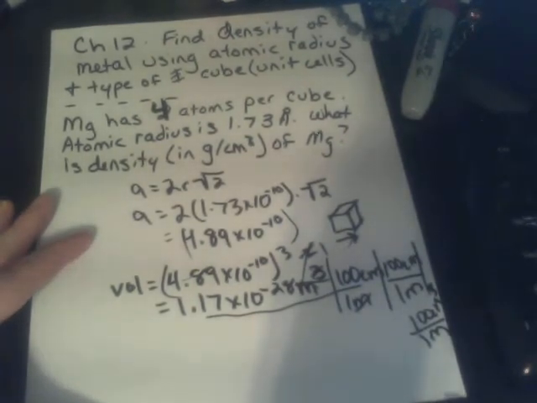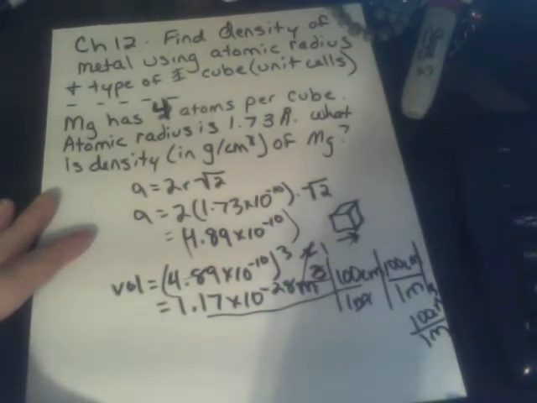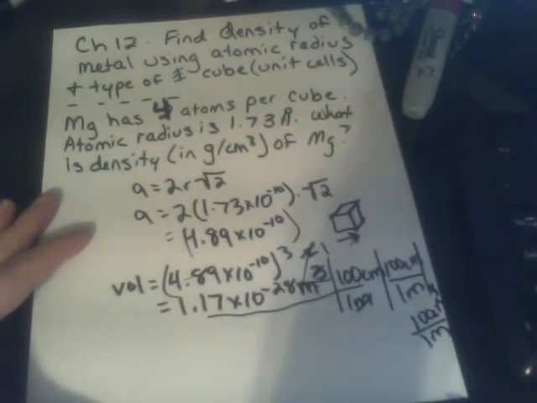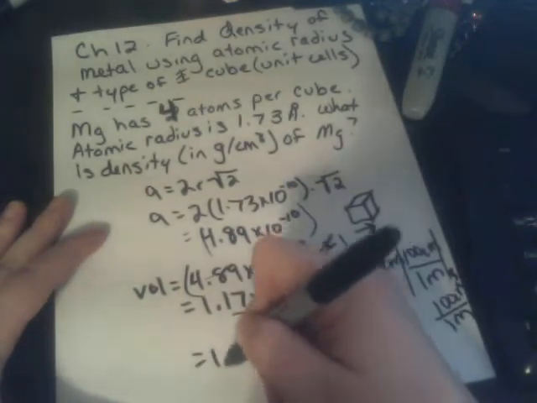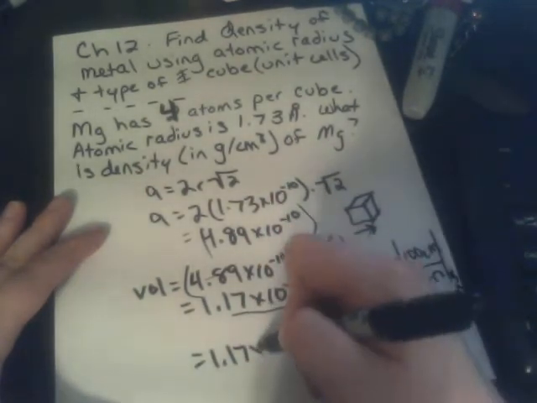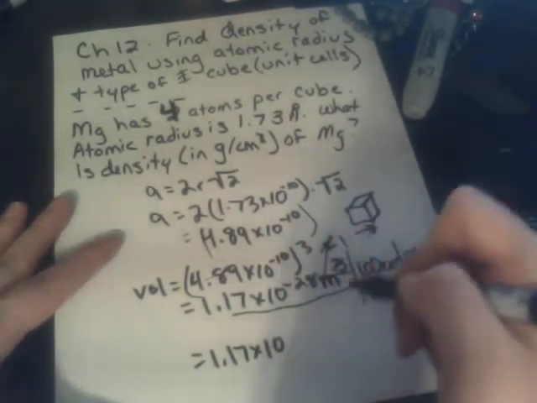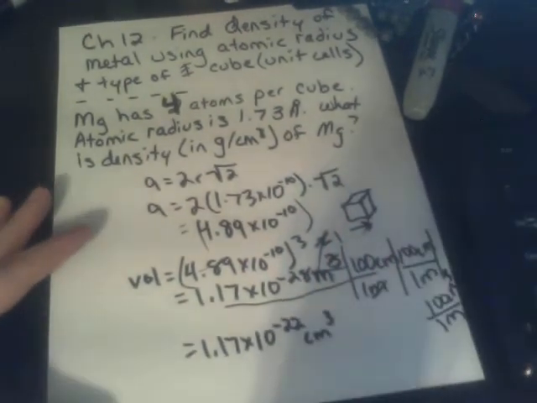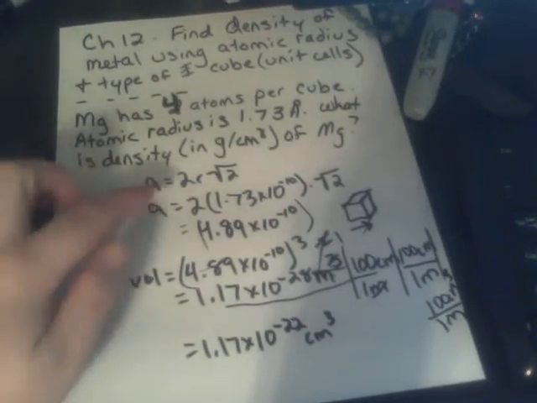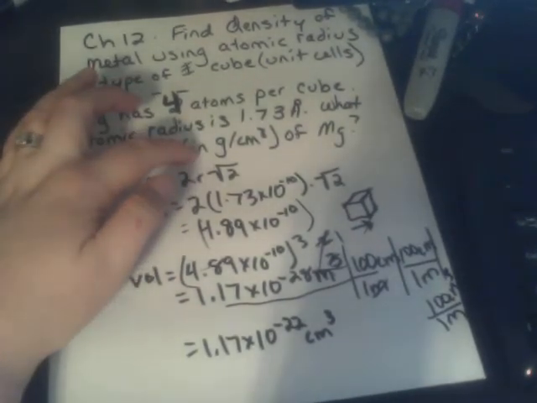You essentially multiply this number by 100 times 100 times 100, and you get 1.17 times 10 to the negative 22 centimeters cubed.